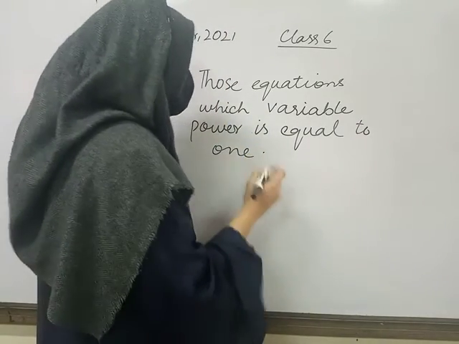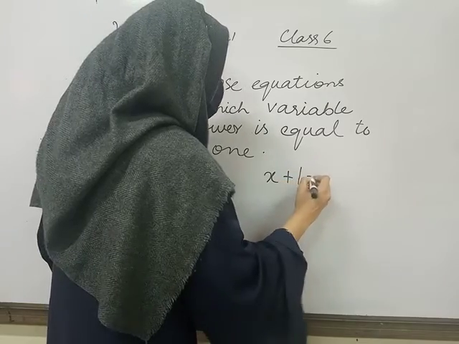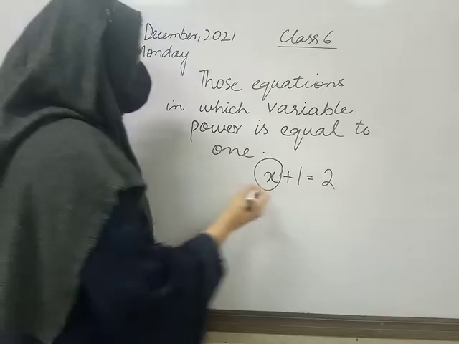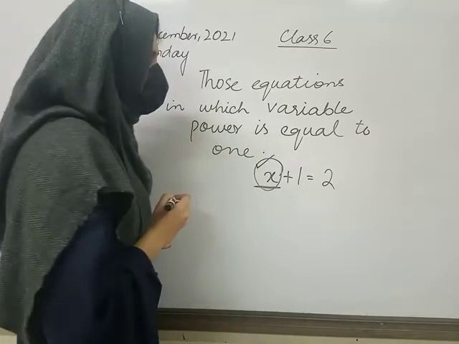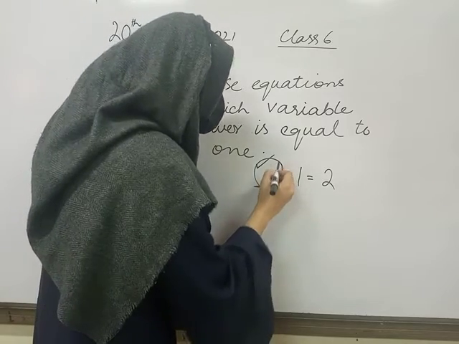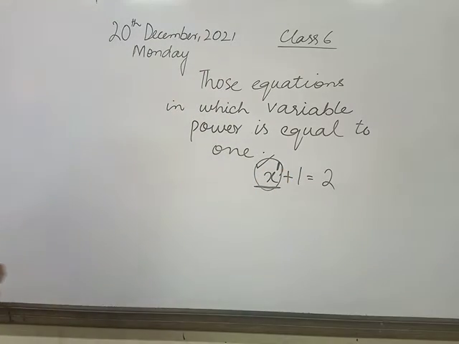For example, I have x plus 1 equals to 2. And in this equation we have variable which is x here, and as you know class, we have the degree of variable which is 1. So those equations in which variable power equals to 1 are known as linear equations.